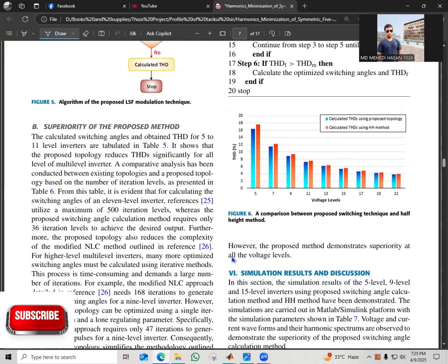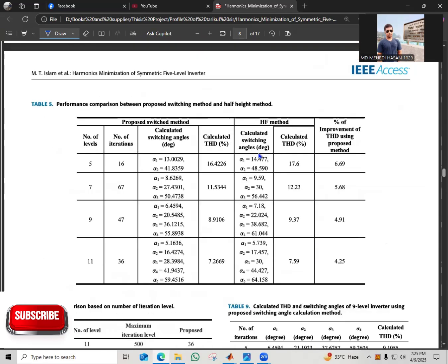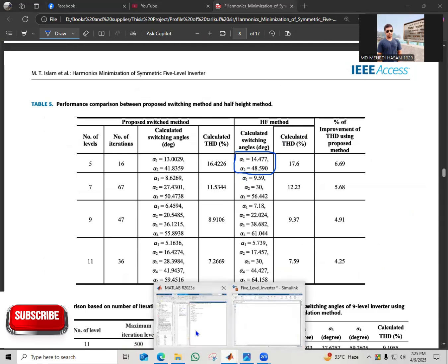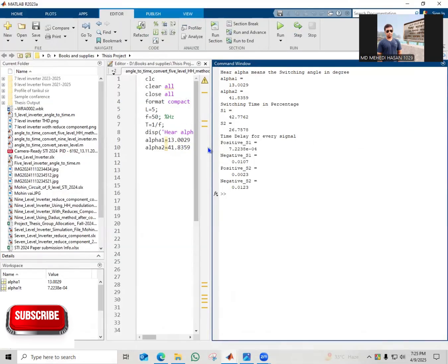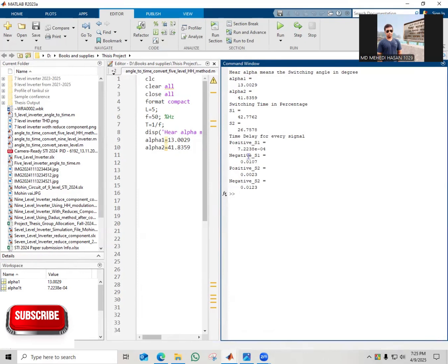So for the half high method, the angle will be calculated here, but you can also calculate them using that equation. Since the result is mentioned here, I am not going to show you the activation process. So now I have developed a MATLAB code to find the output and voltage angle.